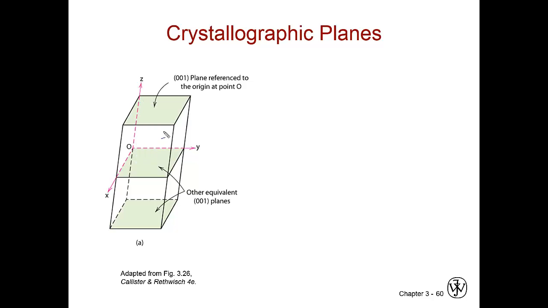So we find a parallel plane up here so we can understand it better. And this always is parallel with that x-axis, so it never intersects it. Same thing with this y-axis. So we consider the intersection for the x and the y to be infinity. And it does intersect z here at 1.